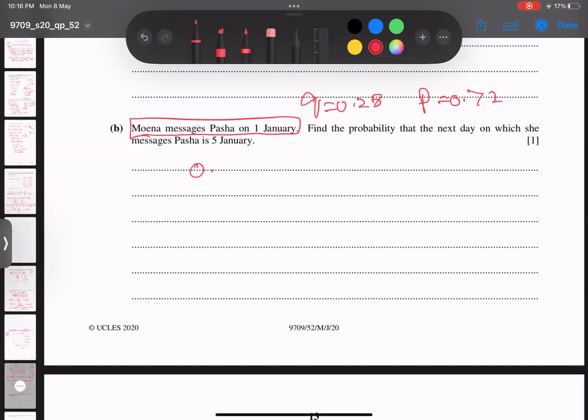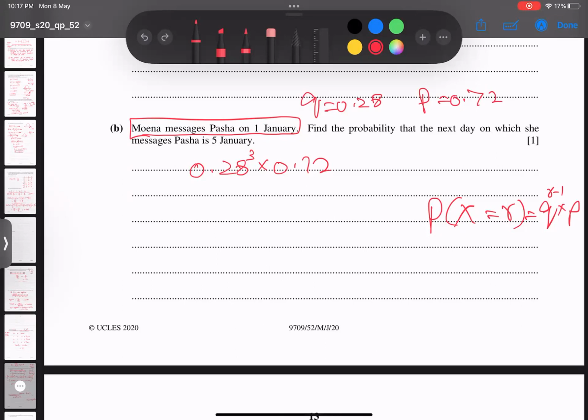Okay, students, so it means 0.28 to power 3 and times 0.72. Actually, the formula is what, students? X equals r, and the formula is q to power r minus 1 into p. This is the formula we use here. Because 1st January is already there, we have to talk about the second, third, and fourth. Second, third, fourth is 3, that is why I took the power 3. So 0.28 one time, second time, third time, and then on the next day we have 0.72.